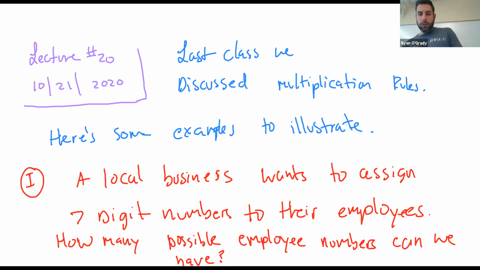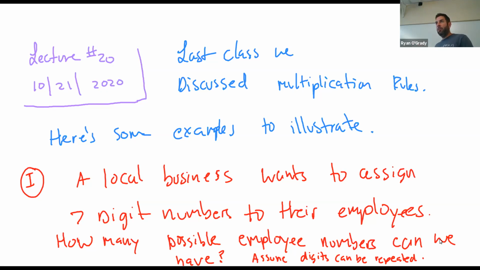So here's what we're going to do. We will assume digits can be repeated. So for example, my number could be 1, 2, 3, 4, 5, 6, 7, right? Or my number can be 1, 1, 1, 1, 1, 1, 1, right? 7 times. Does that make sense?